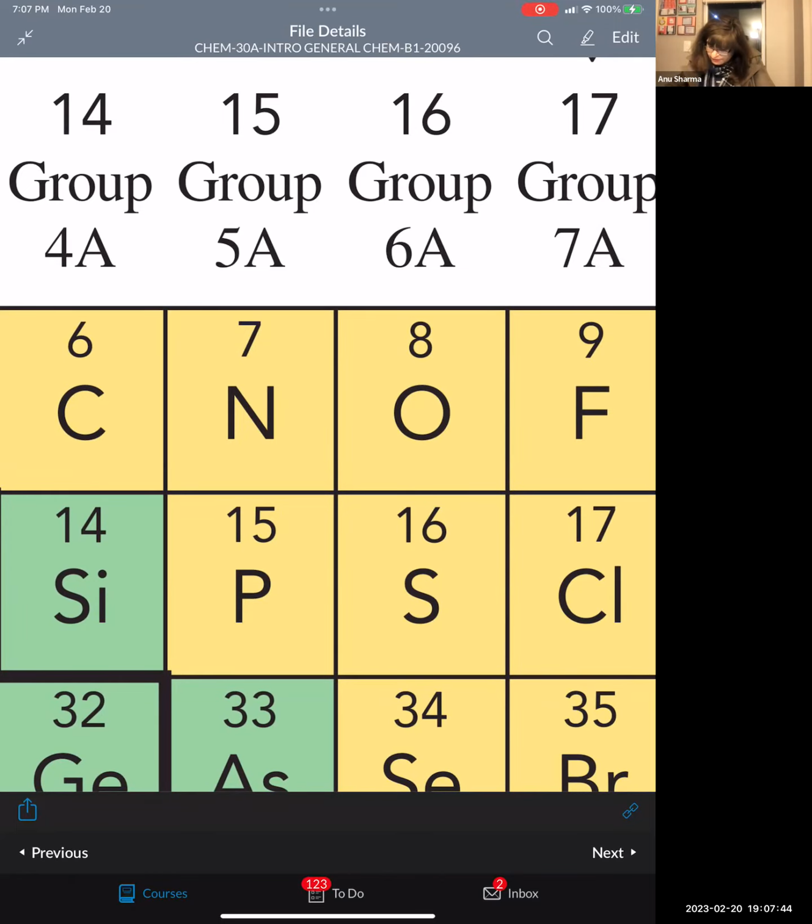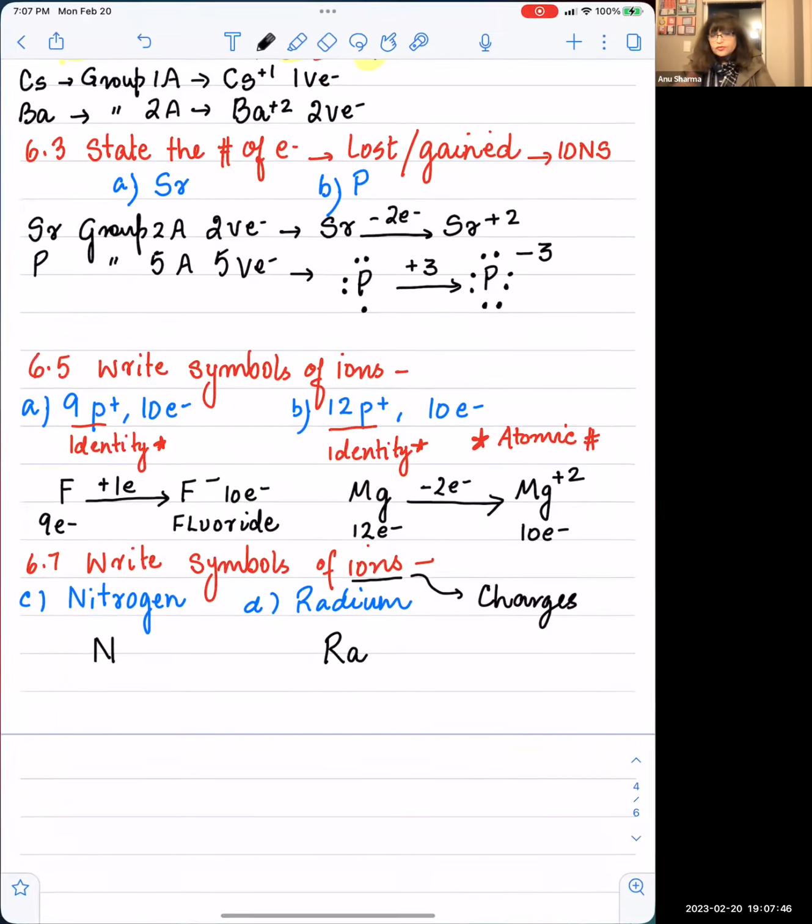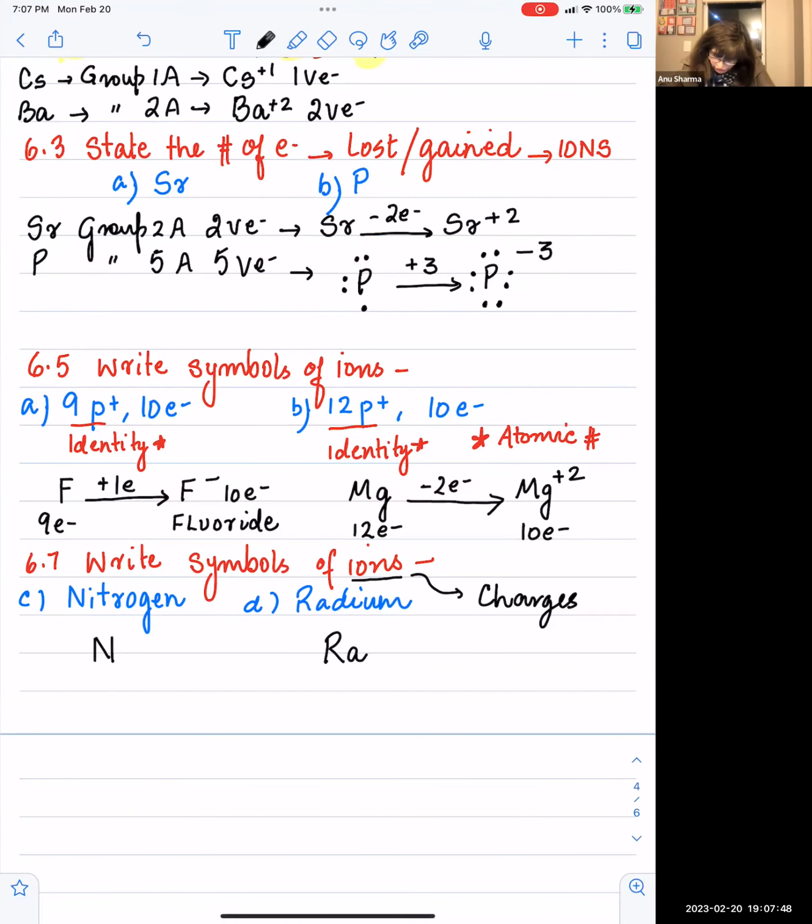To get an octet, nitrogen will gain 3 electrons. So it acquires the 3 negative charge, but the electrons are 8. So it's an octet, okay?